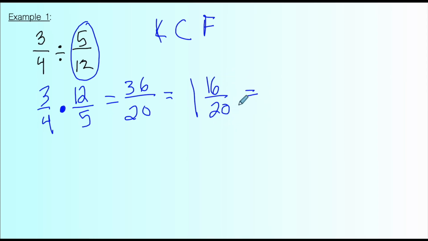And then 16/20, the fraction part of this, can be simplified if you divide both of these numbers by 4. You'll have a simplified fraction. So 16 divided by 4 is 4, and 20 divided by 4 is 5. So your best possible answer to this division problem is 1 4/5. 3/4 divided by 5/12 is 1 4/5.